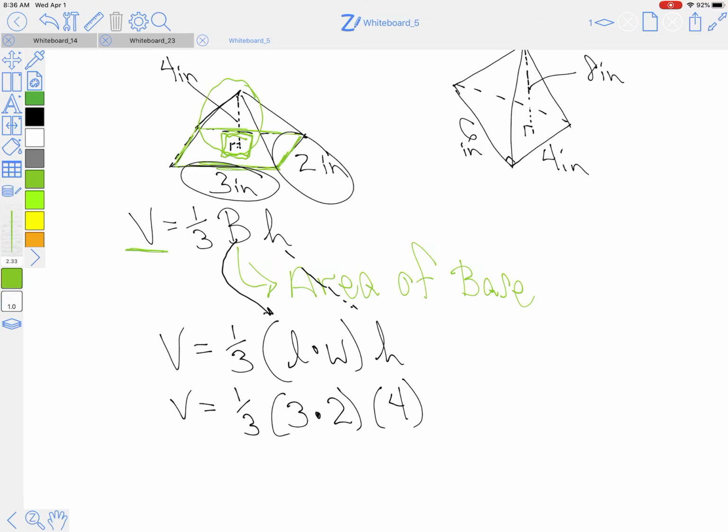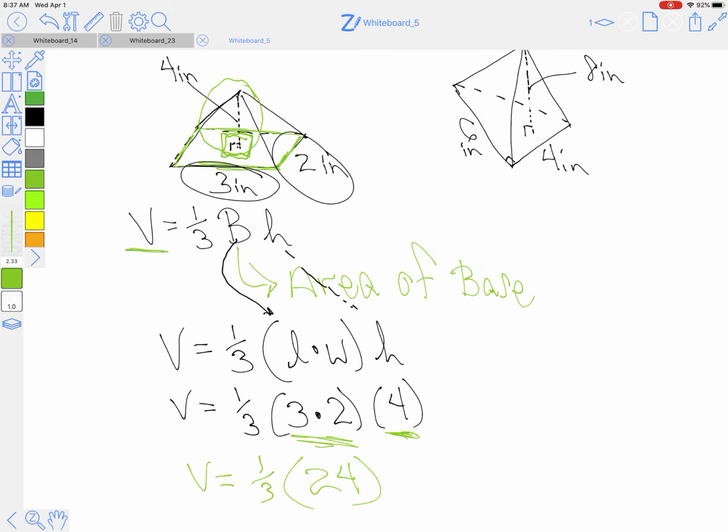But once we figure out what numbers to put in, then it's not too bad. To put this in a calculator, I can do some stuff before I even do that. 3 times 2 is 6, and 6 times 4 is 24. 1/3 times 24.